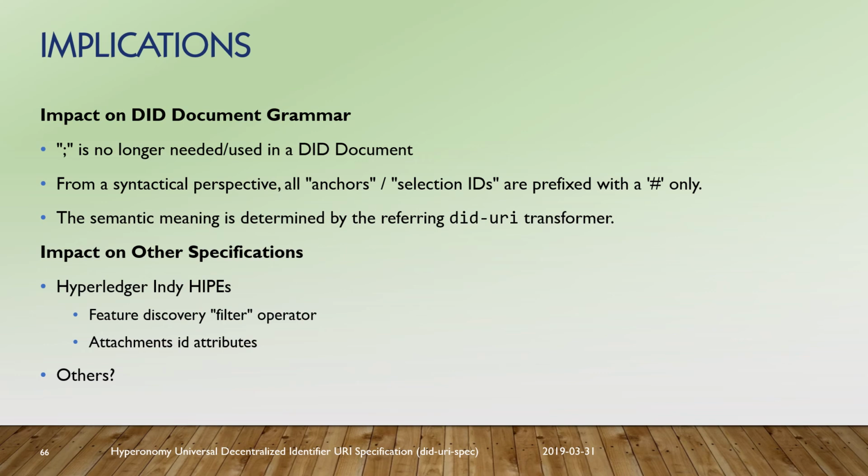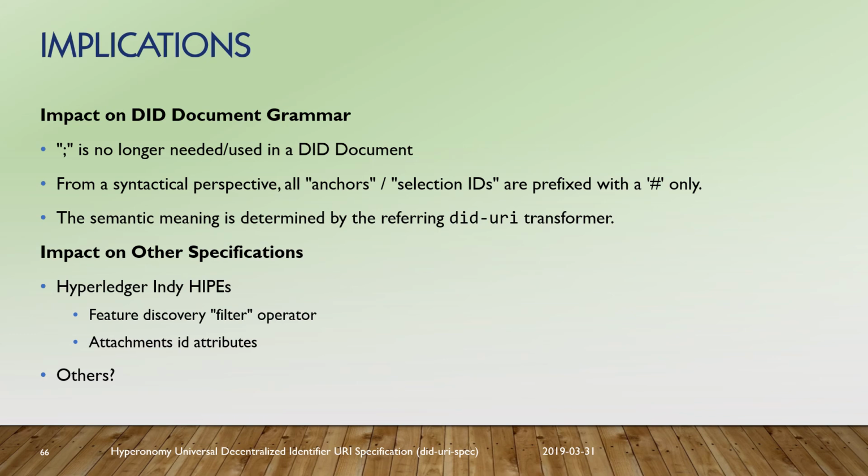So if it's $service ID, it means that we're going to treat that anchor, that selection ID, as a service ID, service endpoint ID. If it's select ID, we're just trying to get a fragment, etc., etc.